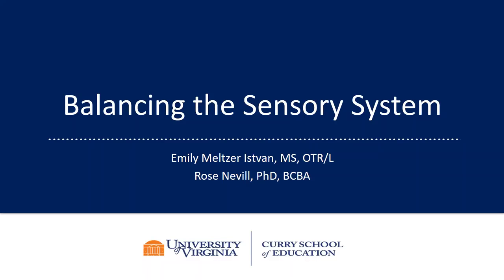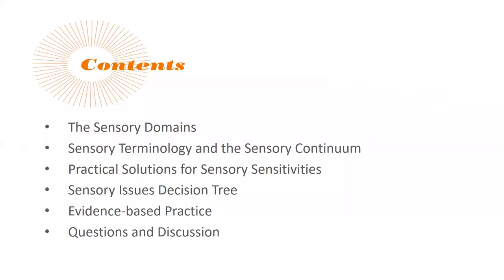So the contents for today's presentation, we're going to first review what the core sensory domains are in our bodies. I'm going to introduce some sensory terms and talk about the sensory continuum, which is really helpful to think about as we're working to problem solve sensory difficulties and needs in individuals with intellectual and developmental disabilities. After that, Emily Meltzer is going to jump in and provide some practical solutions for sensory sensitivities.